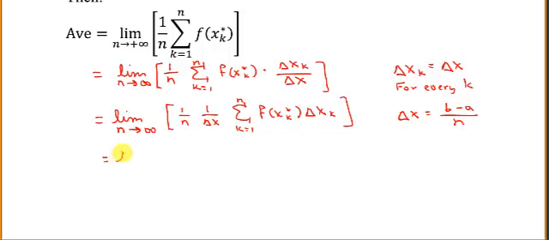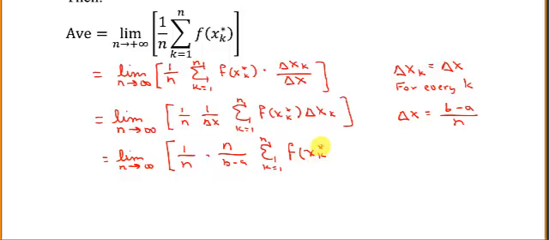So this would be the limit as n goes to infinity of 1 over n times n over b minus a times the sum as k goes from 1 to n of f of x sub k star times delta x sub k.